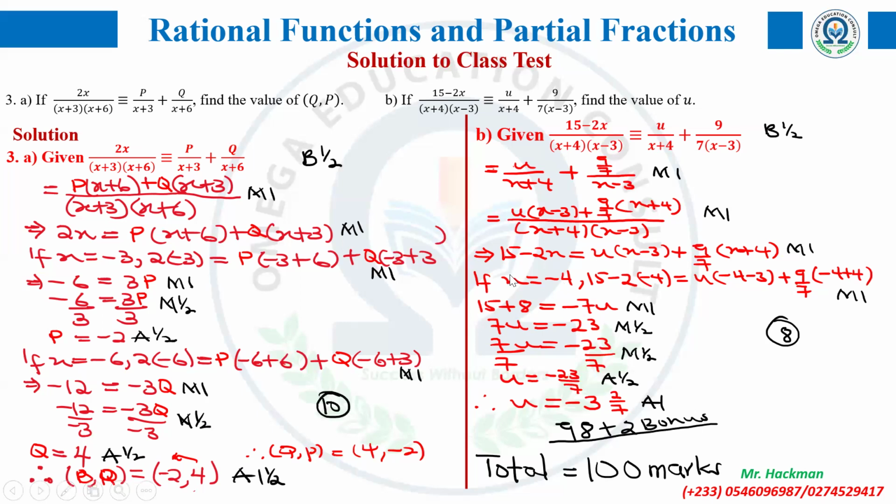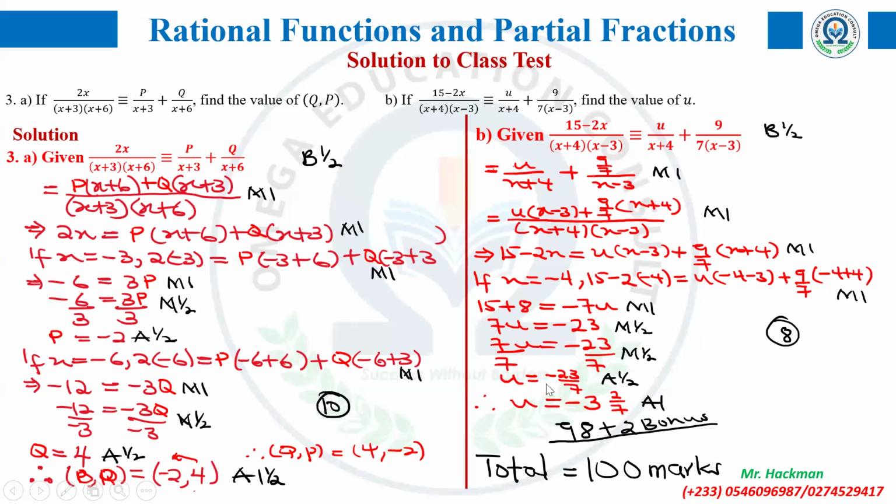This is allowed. But I decided to cover this. If I cover this and deal with this one, my algebra will be very easy. So if s is equal to minus 4, I substituted, simplified, and that ended up giving me u equal to minus 23 on 7.